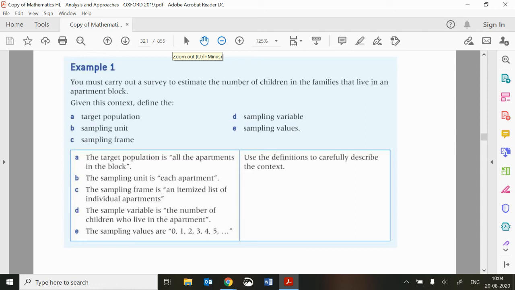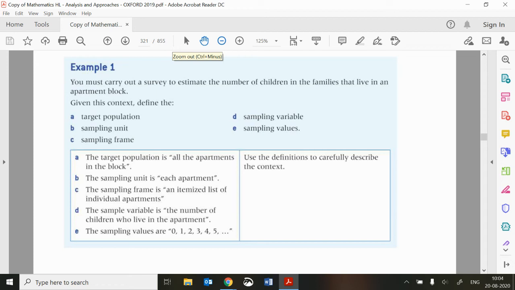So it's not too difficult to just say, well, here we go. Let's look at this entire apartment block and let's take a sample from this. That's the only thing we're interested in, in fact. That's the total population as well. So then it says the sampling unit. So the unit is, yeah, that's interesting. It says each apartment.